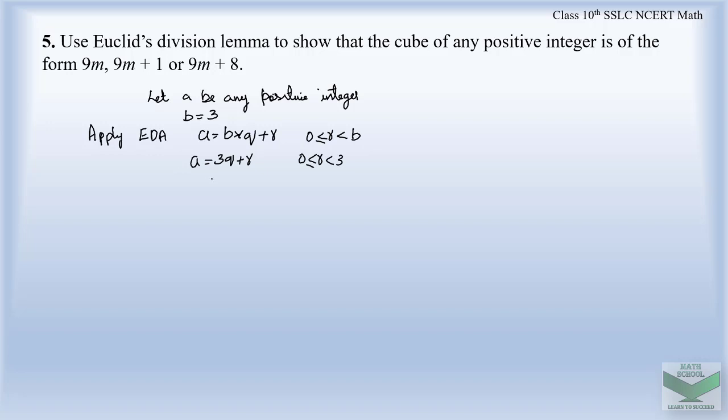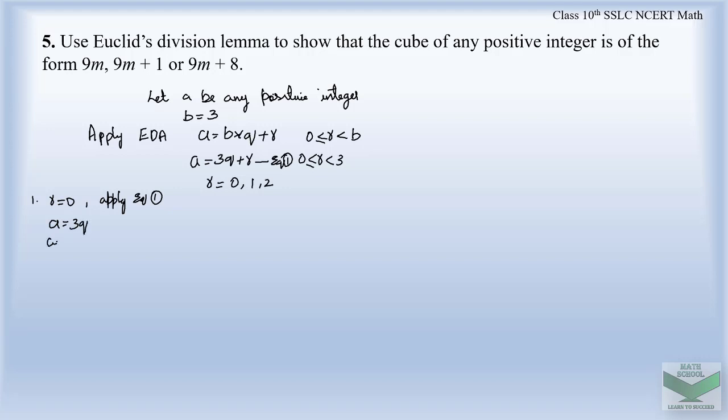Therefore, we will get three different values for r, that is 0, 1 and 2. Now in the first case, let us use the value r is equal to 0 and apply in equation 1. So r is equal to 0, apply in equation 1, we get a is equal to 3q.